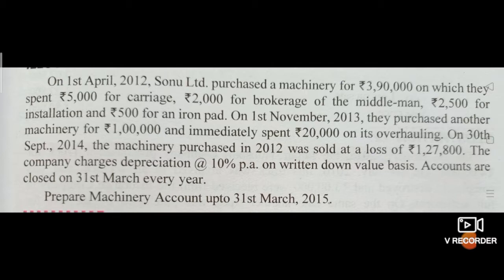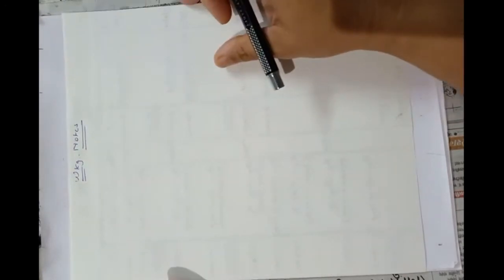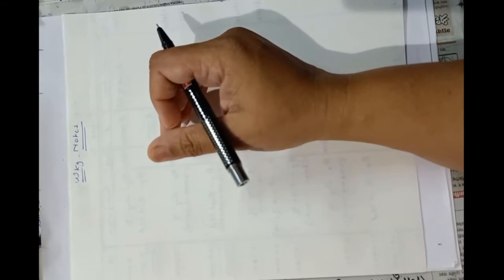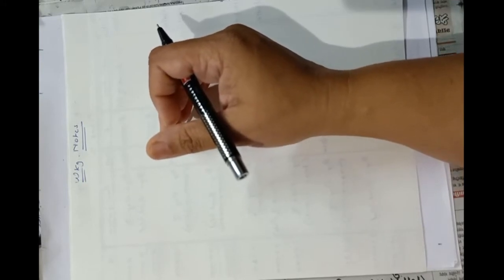Let's start. Here we will prepare machinery account of Sonu Limited, and we will do the working as usual. Let's prepare the working note first, and then from that working note we will prepare machinery account. See, it is given that on 1st April 2012 they have purchased a machinery for rupees 3,90,000.